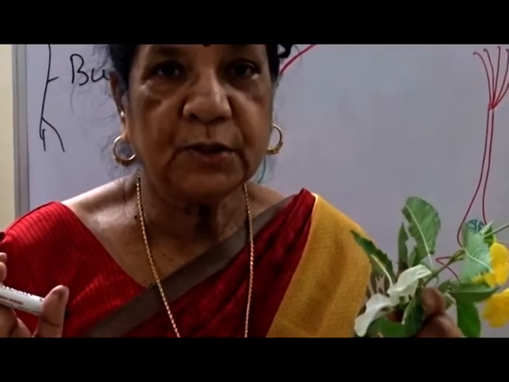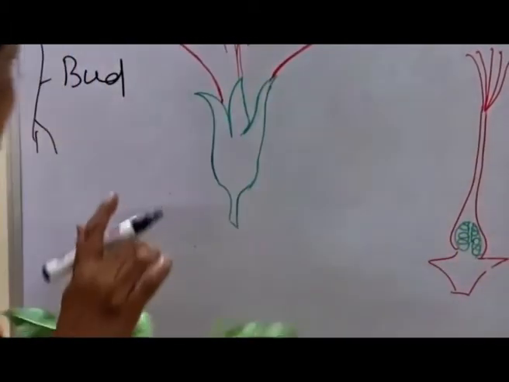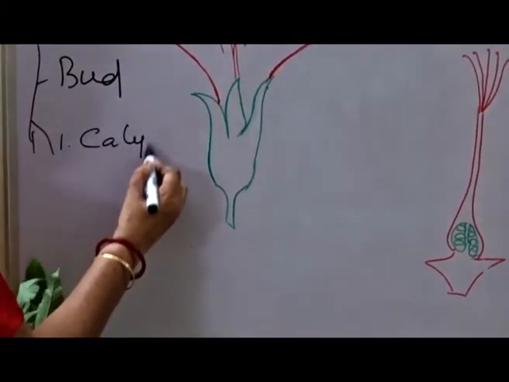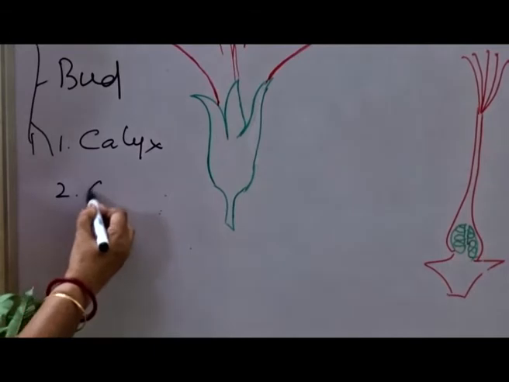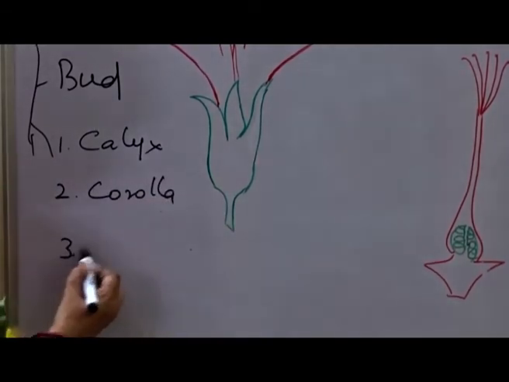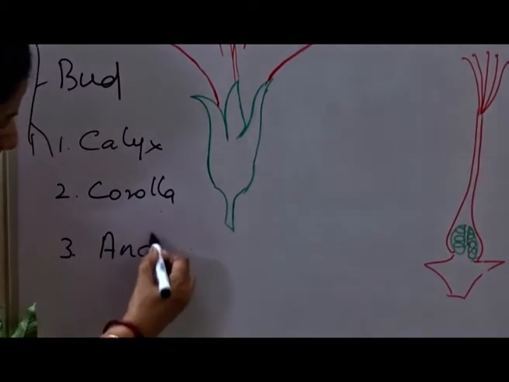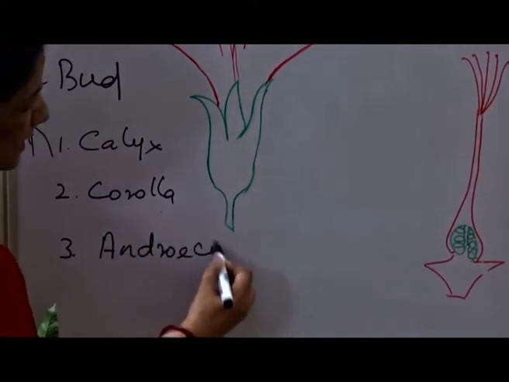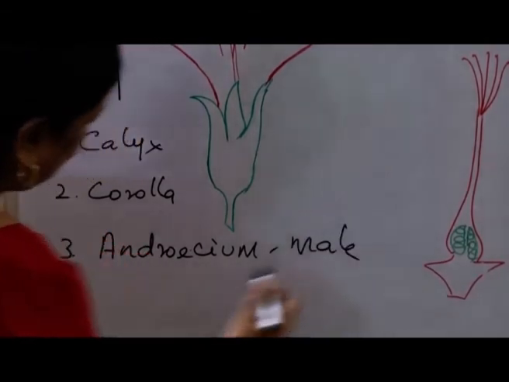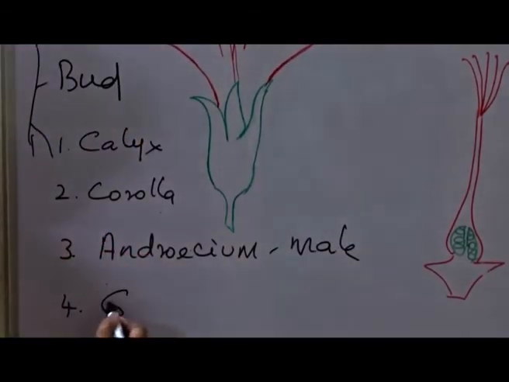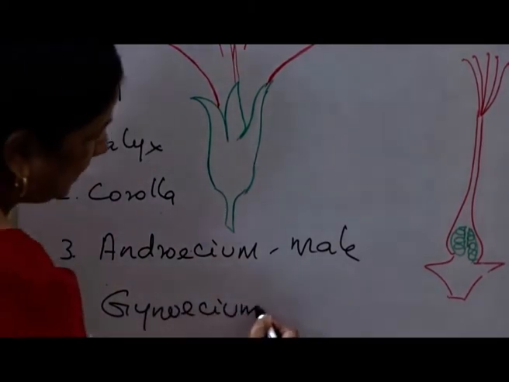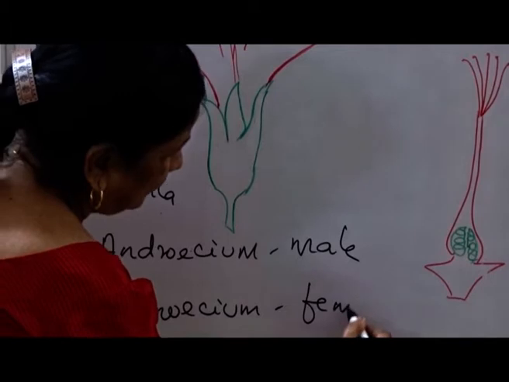Now, what do you know about the flower? The parts of the flower are, first, the calyx, next, the corolla, third is the androecium, which is the male part of the flower, and fourth is the gynoecium, which is the female part of the flower.